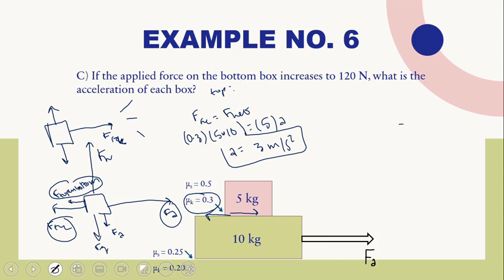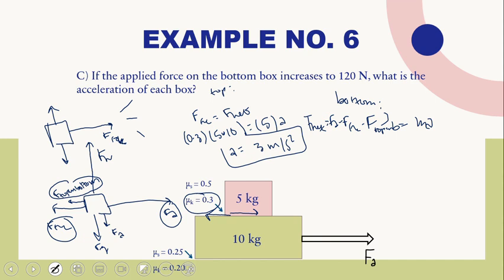The bottom box is going to be slightly more complicated. We know that F_net is equal to F_a minus F_k minus F top on B, and that's going to equal the mass times acceleration.